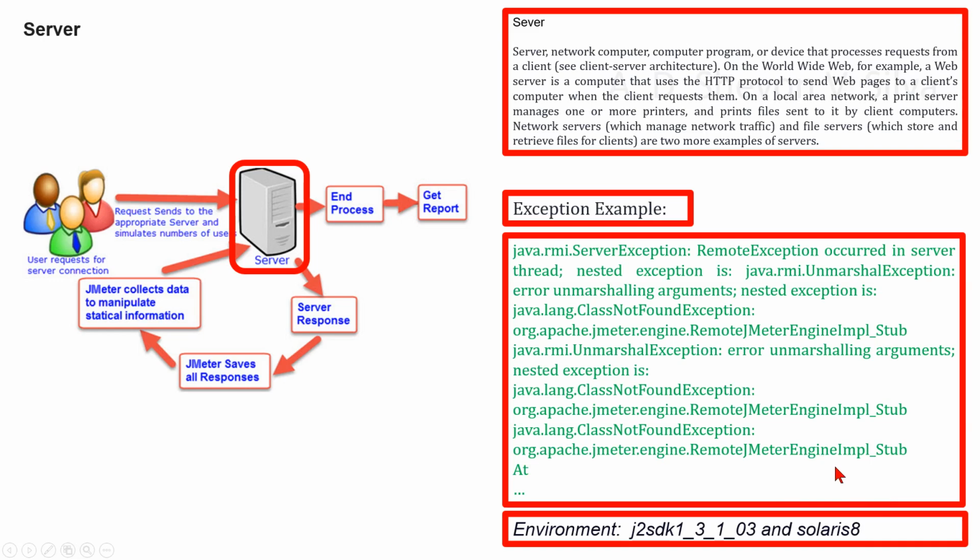Nested exception is java.rmi.UnmarshalException: error unmarshalling arguments. Nested exception is java.lang.ClassNotFoundException: org.apache.jmeter.engine.remote.JMeterEngineImpl_Stub.